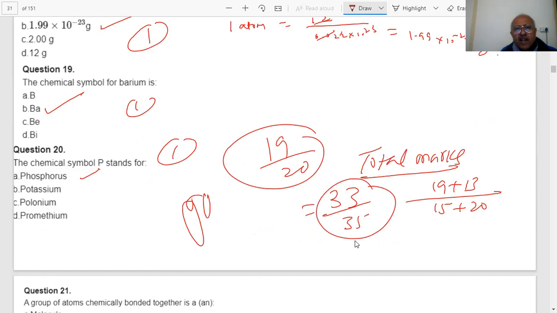So that is a good result and a good performance. Certain questions were a little difficult, calculations were involved, and certain atomic masses were not given. Considering that factor, I believe you have learned a lot in this chapter on atoms and molecules. We are revising all the lessons, and we will continue to do so, students. It is a good thing that our students are doing well and learning a lot.